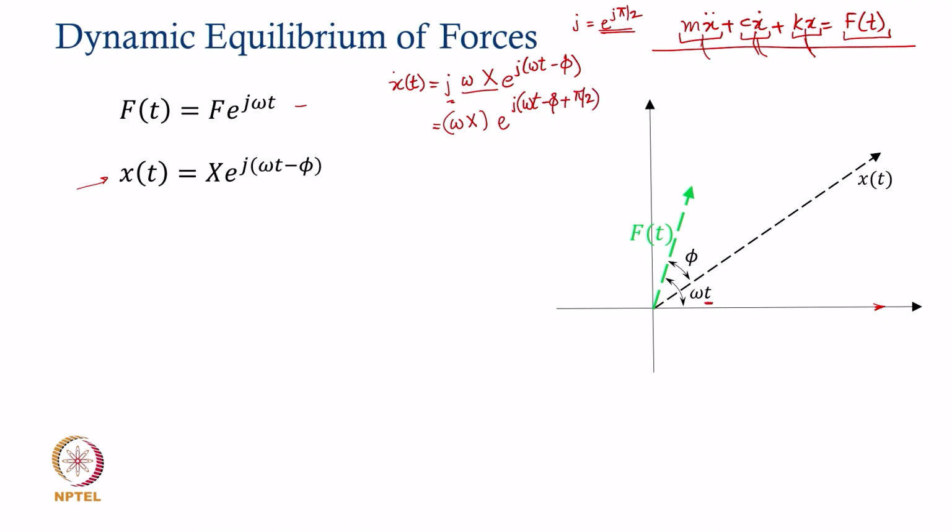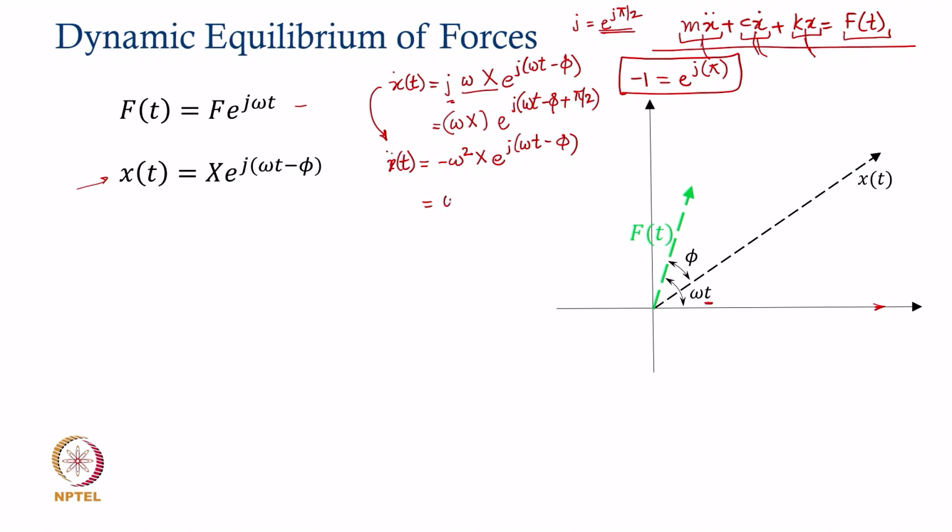And similarly, if I get the acceleration term x double dot from this, I can write it as minus omega square X e to the power j (omega t minus phi). Now, you can also show that minus 1 is nothing but e to the power j pi. Cos pi is minus 1 plus j sin pi is 0. So, you have minus 1 equal to e to the power j pi.